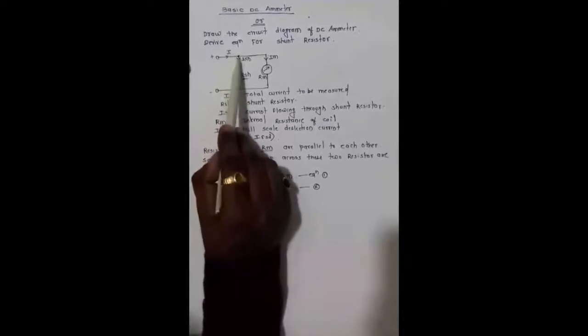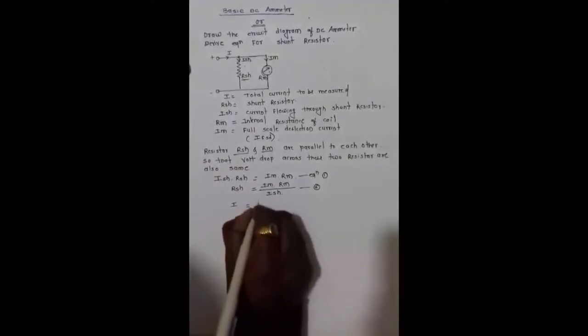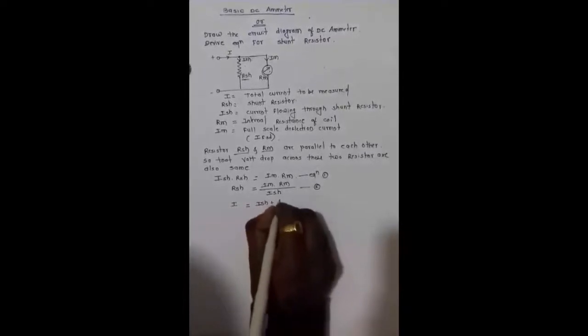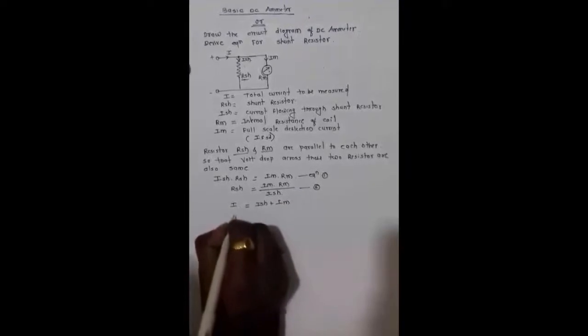As shown in the figure, the total current I is divided because of this resistor, which is parallel with the meter. So total current I is equal to the shunt current plus the full scale deflection current.